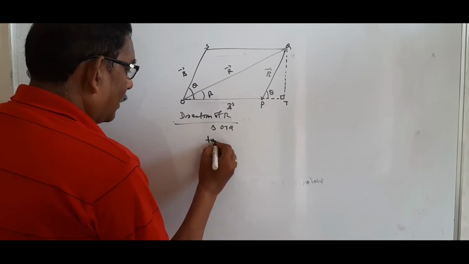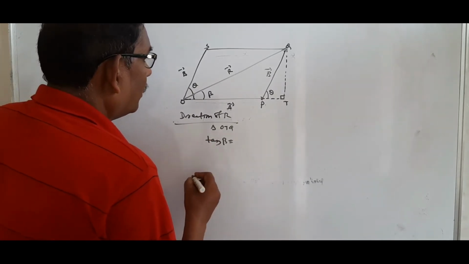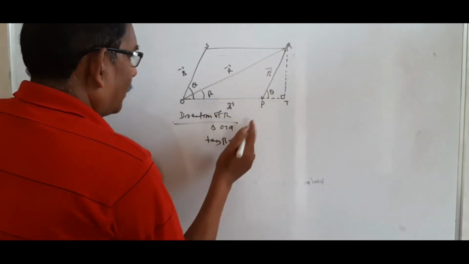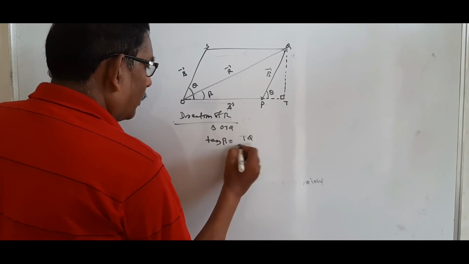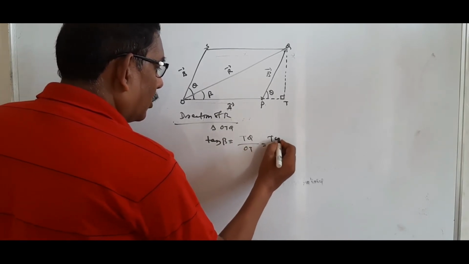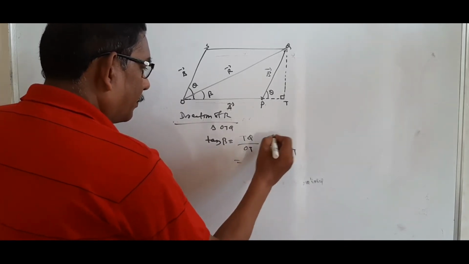So tan beta is equal to perpendicular by base. Perpendicular is TQ. Your base is OT. It means TQ by OP plus PT. Again, put the values.